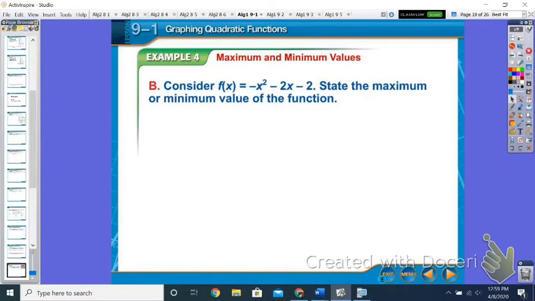Well, like we said, this is some sort of upside down parabola. We don't know where exactly it is on the graph, but the maximum is going to be wherever the vertex is. That has to be the highest point of this parabola. So this is just another way for them to ask us to find the vertex. I'm not going to walk through that process because we already have. I'll talk through it quickly.